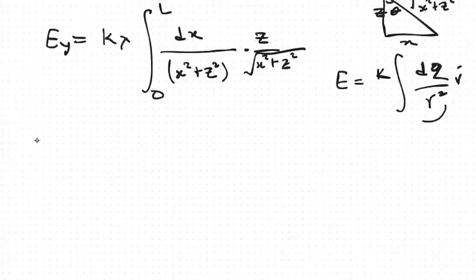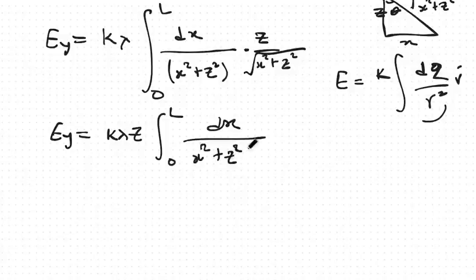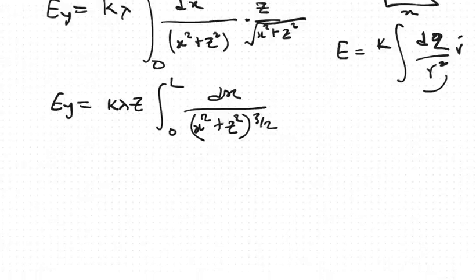We can rewrite this to be equal to Ey is equal to k lambda z integral from 0 to L of dx divided by x squared plus z squared to the power 3 divided by 2.